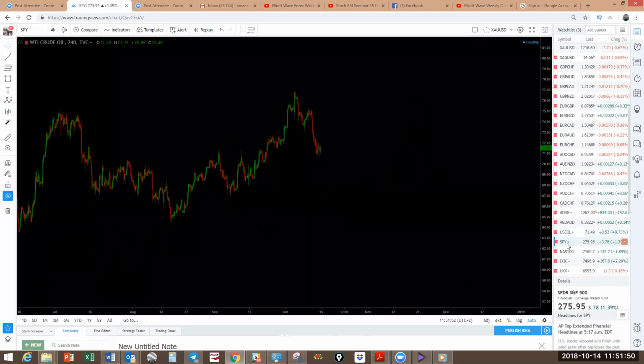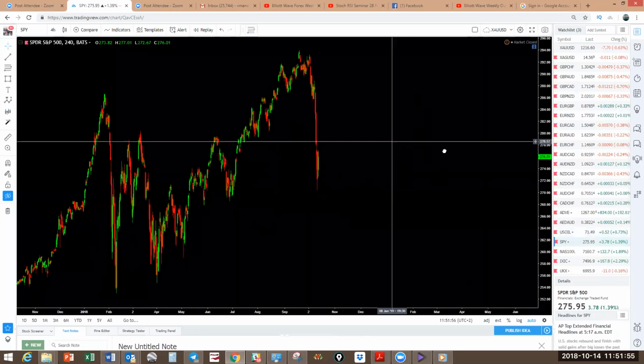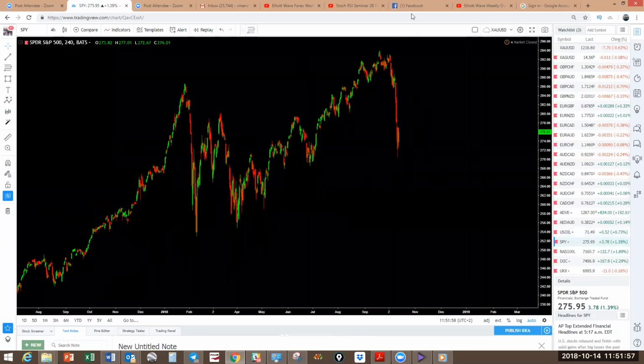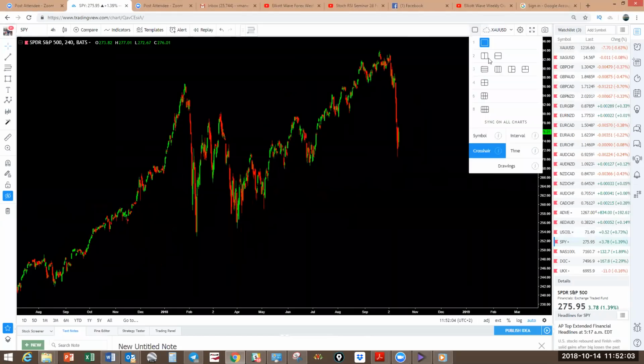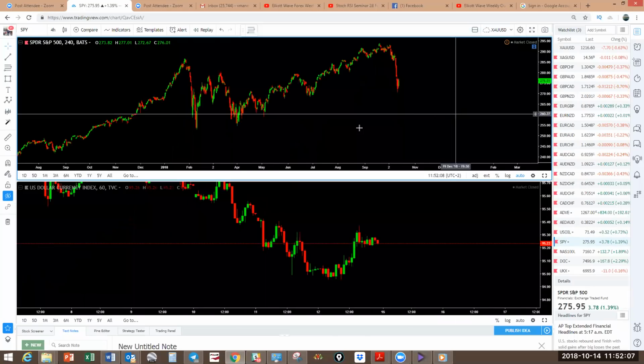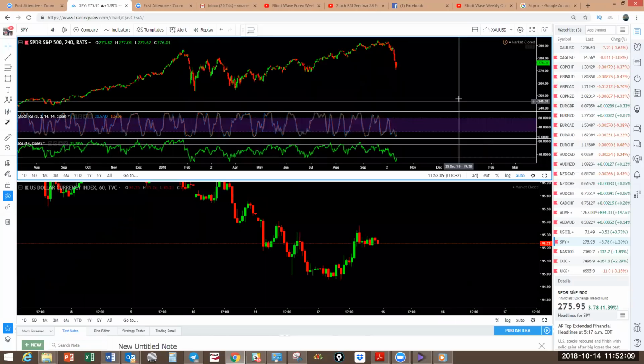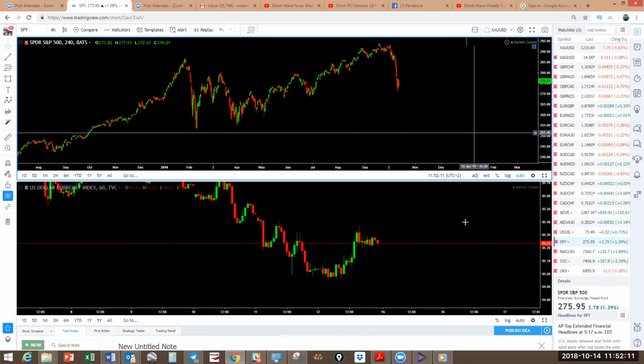Now let's look at the indices. Indices, we've been looking for them to push up a little bit higher than where they dropped from, based on the S&P 500. I'm going to keep the S&P 500 on all the indices. So let's do this. Let's bring the NASDAQ at the bottom.